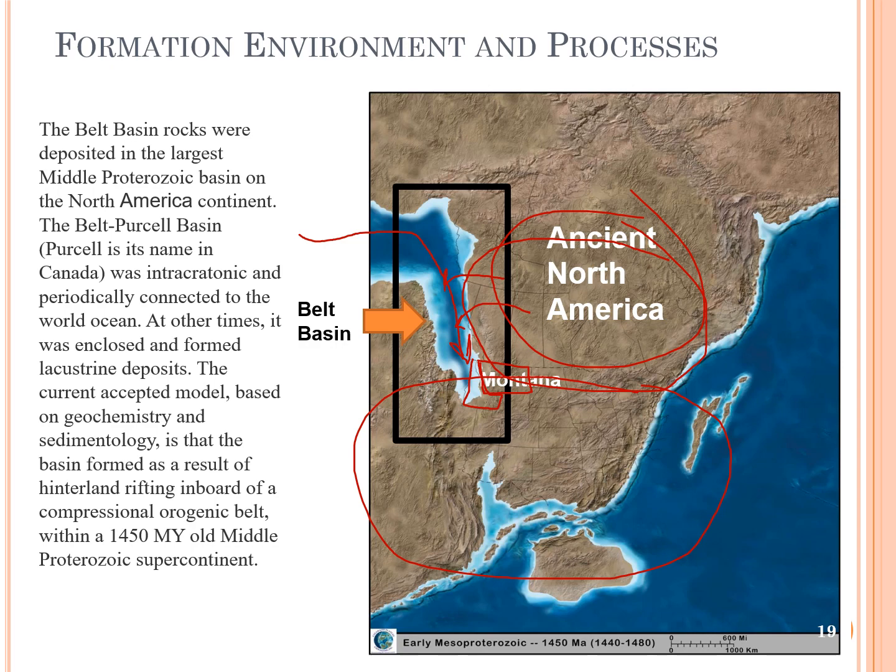As we saw, at least 25,000 feet of sediment accumulated in this Belt Basin, all the way into British Columbia, and specifically in our northern Idaho, Montana region. In Canada, it's referred to as the Purcell Basin, but it's the same basin forming the famous Belt Basin, a very thick stratigraphy.